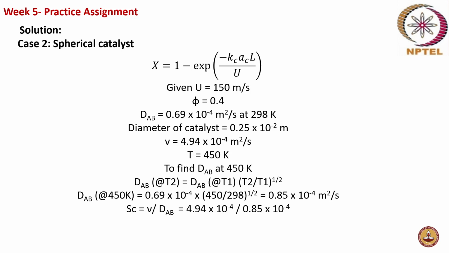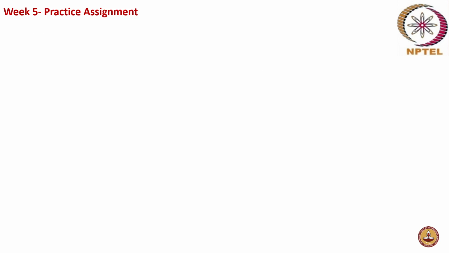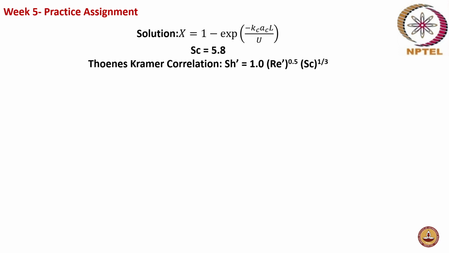Again, your Schmidt number is not going to change, as the kinematic viscosity and DAB for both cases are the same. So you will end up with the same Schmidt number, which is 5.8. Now, the Thoenes-Kramers correlation for this case too. The modified Sherwood number is 1 into modified Reynolds number to the power 0.5, Schmidt number to the power 1 by 3.